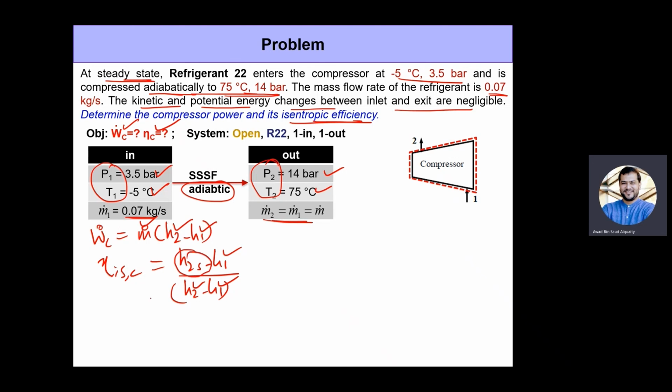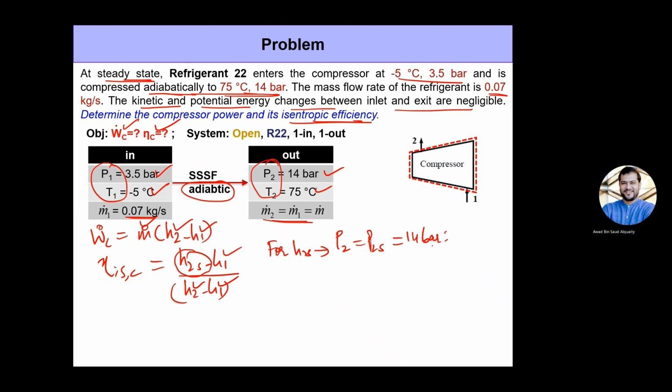So the question is, how do you determine H2S? Well, the answer is again very simple. For state 2S, you need two independent intensive properties. One is the pressure, of course. We said P2 is equal to P2S is equal to 14 bar. The other property is that for state 2S, the entropy is going to remain constant.